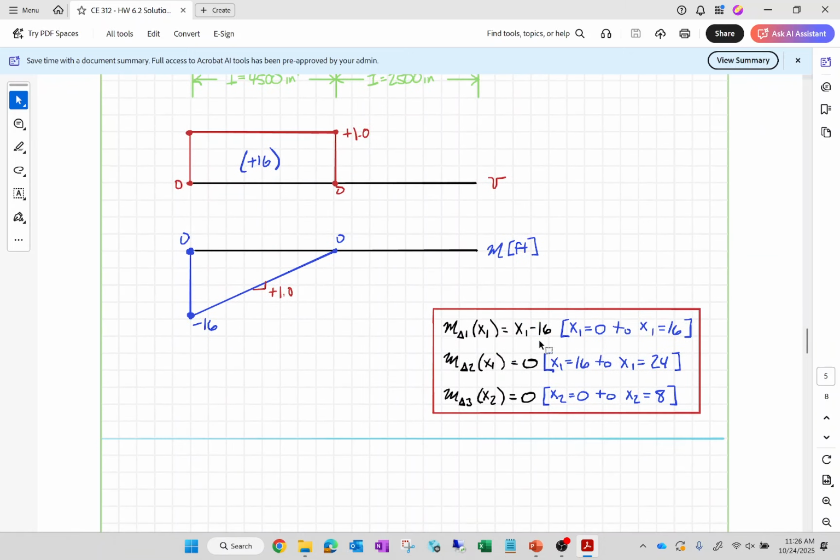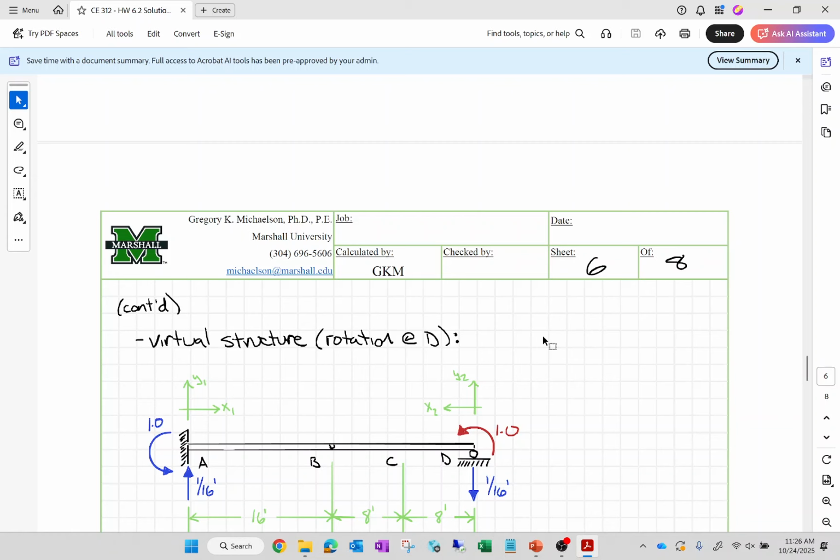I'm going to scroll down to this structure. Okay? For this structure, this has a moment on it. So I think what a lot of students probably did is said, well, that's 0 and that's 0 because it's a moment. No. I am not saying that this is 0 and that is 0. I am saying that the sum of them is 0. That is the only thing that you can claim with this sum of forces in the y direction.